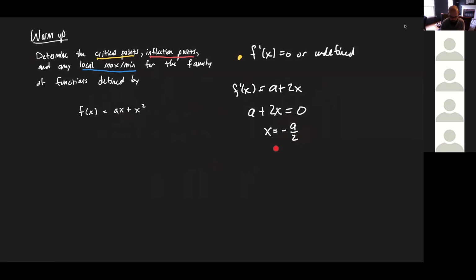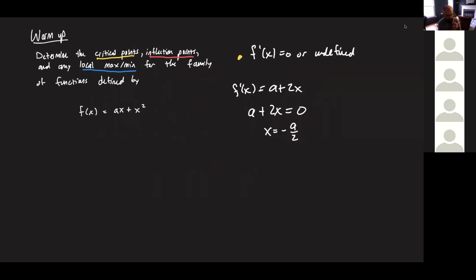So this is going to be a particular point on our graph, just depending on what family we have, right? If a is 10, then we would look at this value, we'd have -10/2, which would be -5, right? So if I have that value for a, I can go ahead and find my critical value, but it's just going to depend on this number a right here, okay? All right, so this is our only critical point.